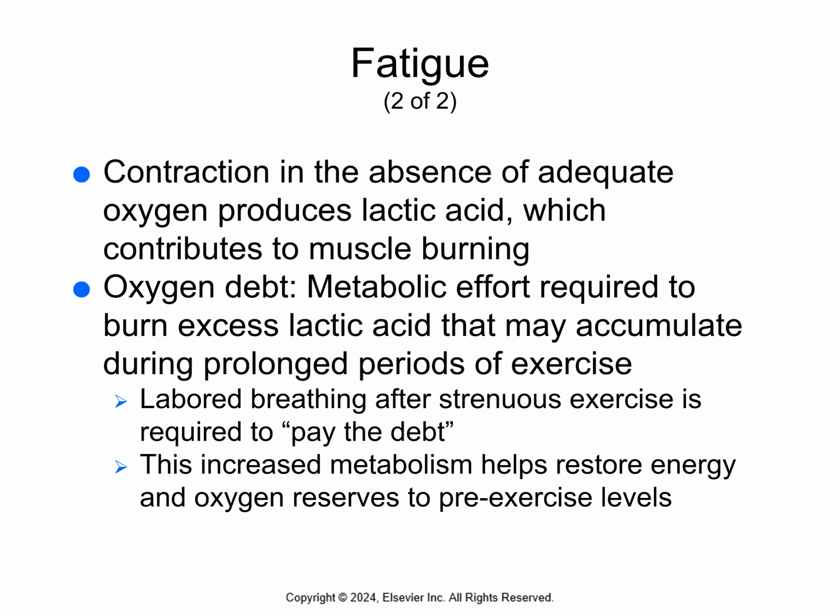Like I told you earlier from this slide, as we use all of our oxygen up from our ATP usage, we will have lactic acid, which will create muscle burning. Also, oxygen debt is the metabolic effort required to burn excess lactic acid that may accumulate during prolonged periods of exercise.